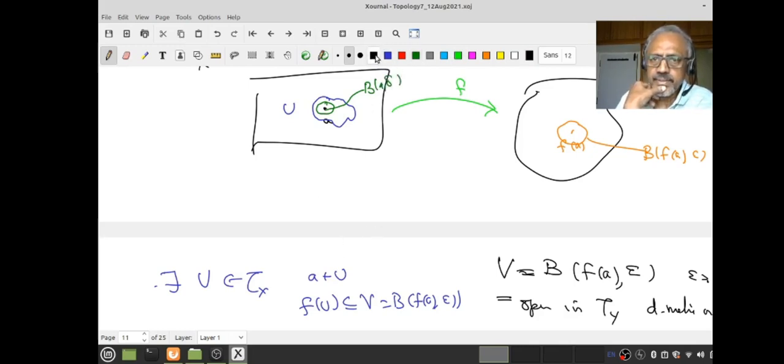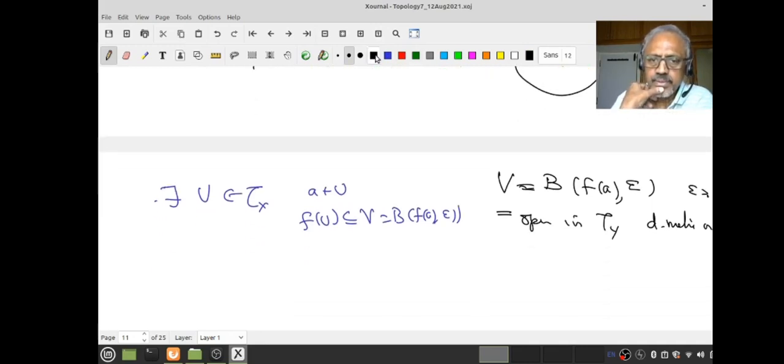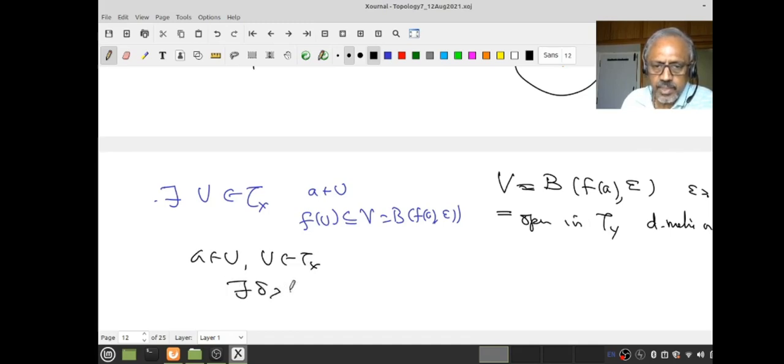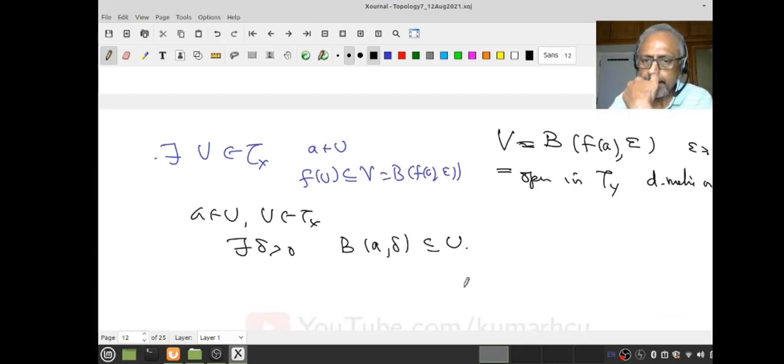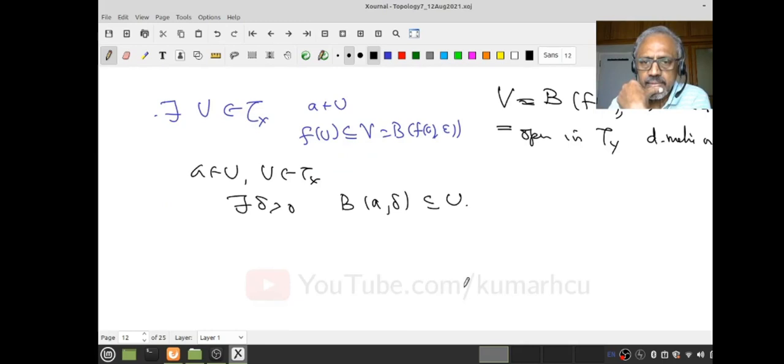Are you following? Since a belongs to U and U is in tau_X, there exists a delta positive so that B(a, delta) is contained in U. Right? So what do you think I have proved?